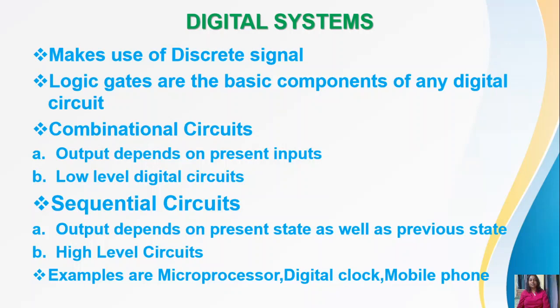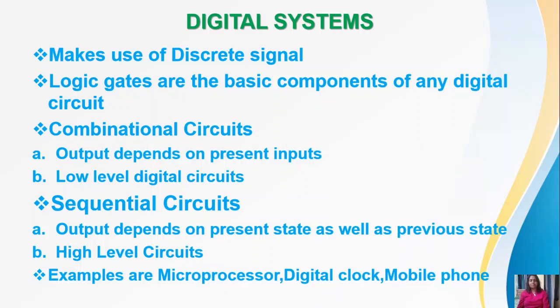The next circuit is the sequential circuit. Output of this circuit depends on the present state as well as the previous state. Hence, they store the data. They are used as memory devices. They are used in high-level digital circuits.